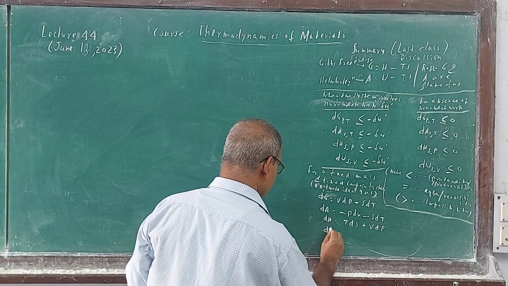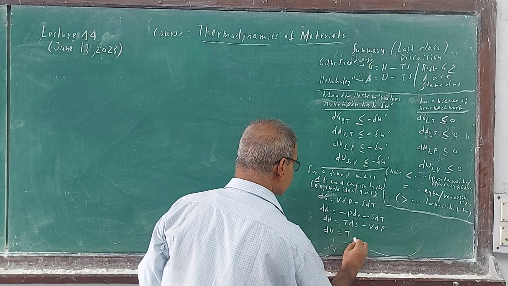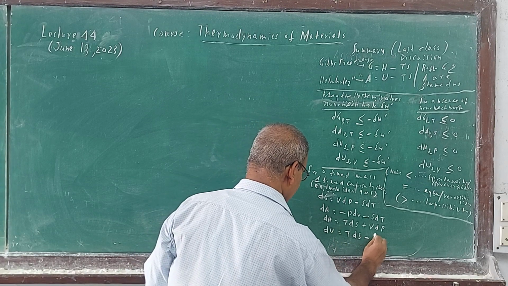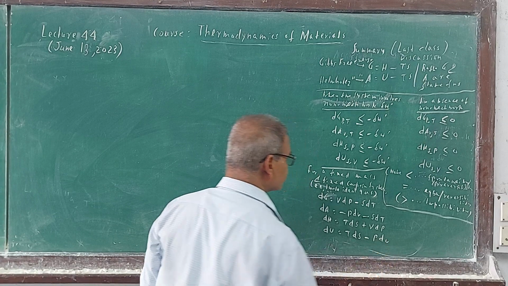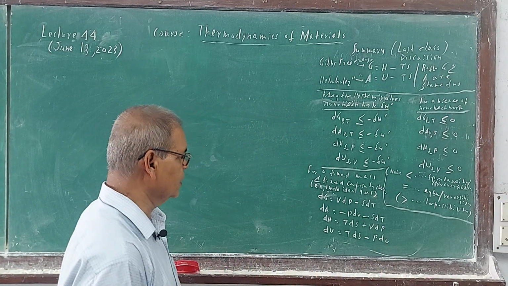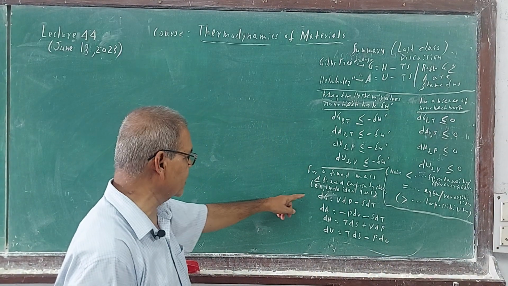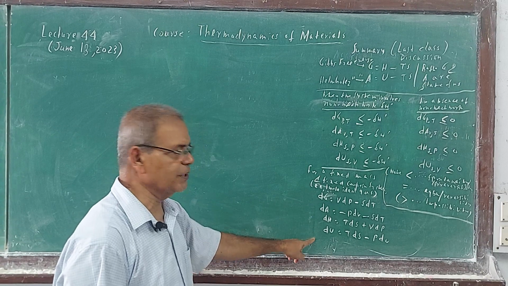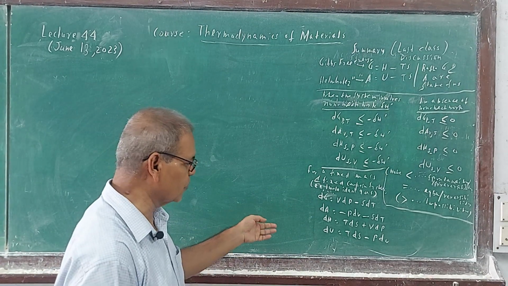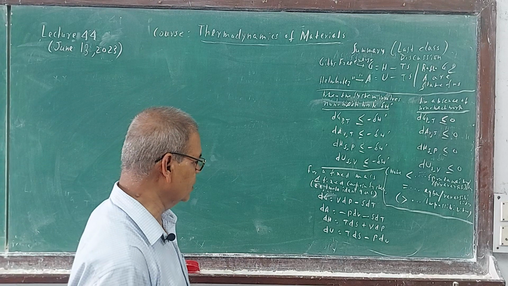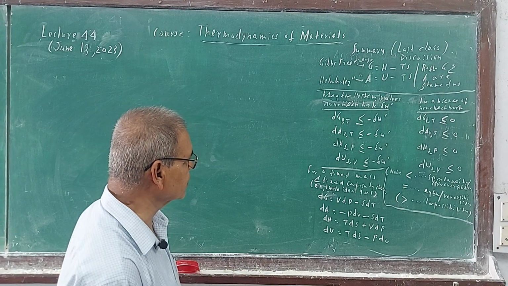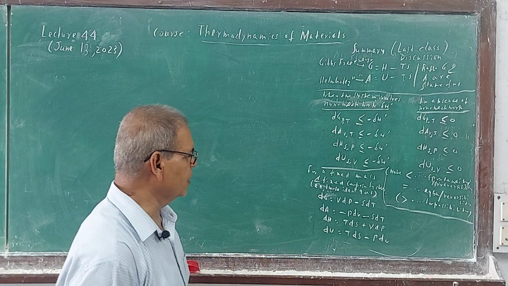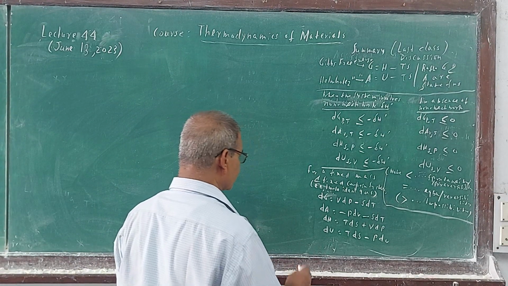Then another, dU is TdS minus PdV. These four: one I proved yesterday, and the other three I'll show soon, very fast.